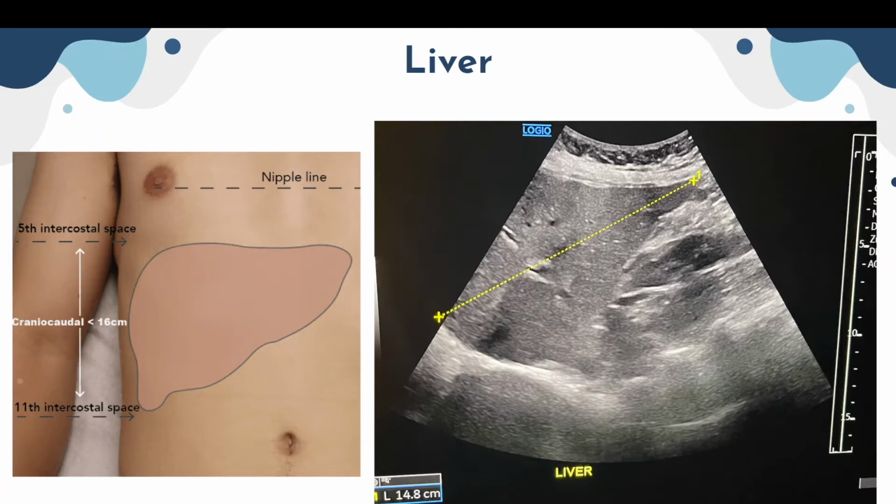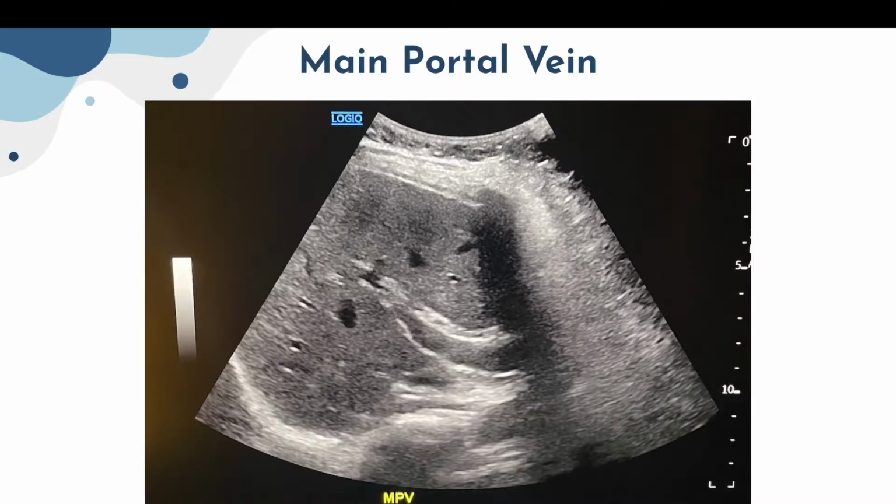And the next picture would be what we will focus on in a little bit. This is the main portal vein, and you can see part of the liver, main portal vein, CBD, hepatic artery right there in cross section.